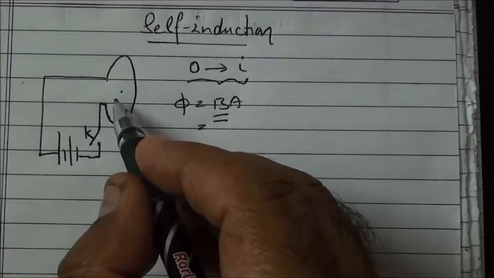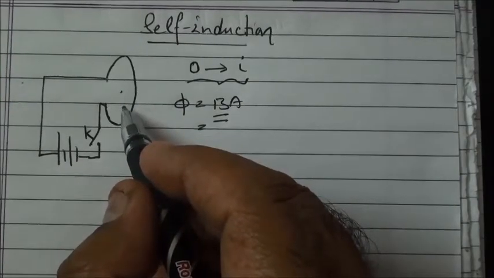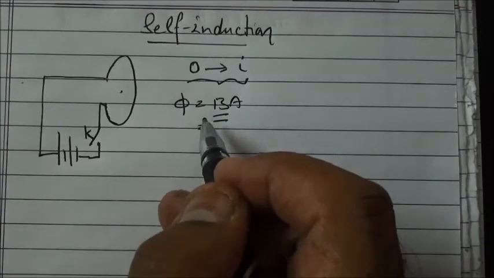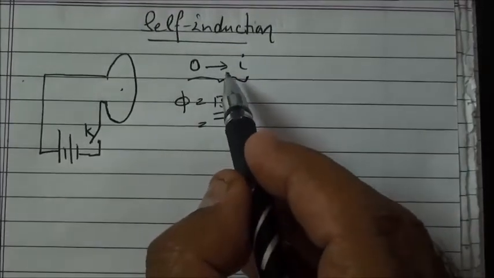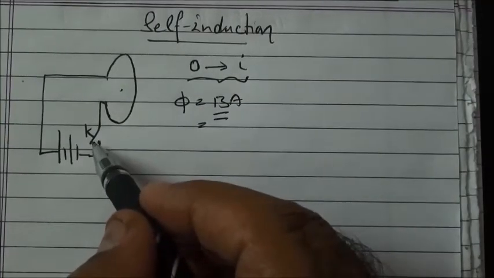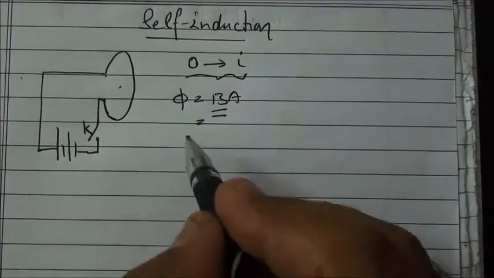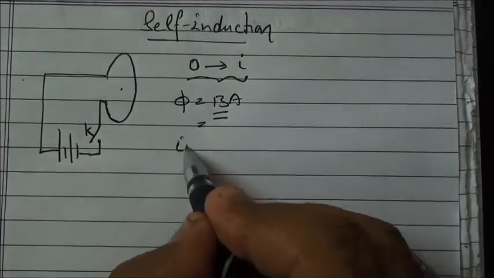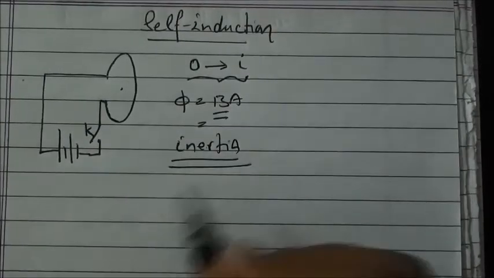Induced EMF will give rise again to a current which has a tendency to oppose the growth. So due to this tendency of opposing the change in current, this current will take some time to reach its maximum value. We can compare it with inertia that we studied in mechanics.